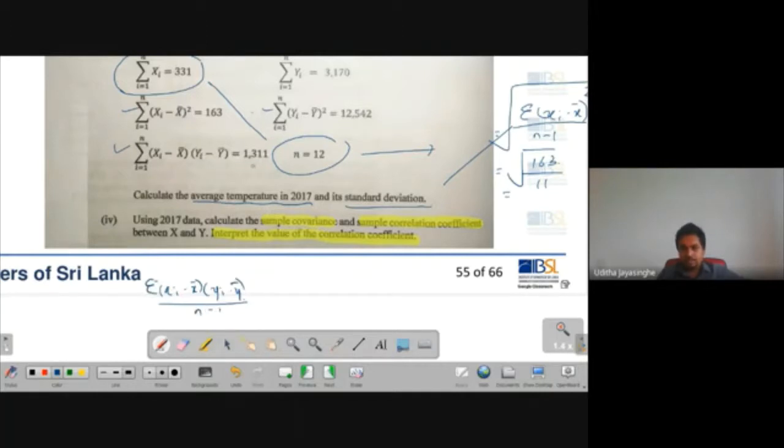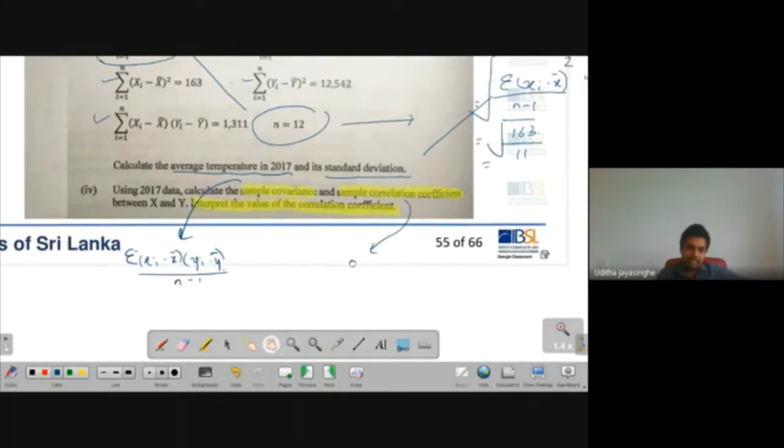So this covariance can be calculated without an issue. And for us to compute the sample correlation coefficient, students, I recall I told you that you can either use the logical equation method or you can use the expanded method. Both methods are correct.